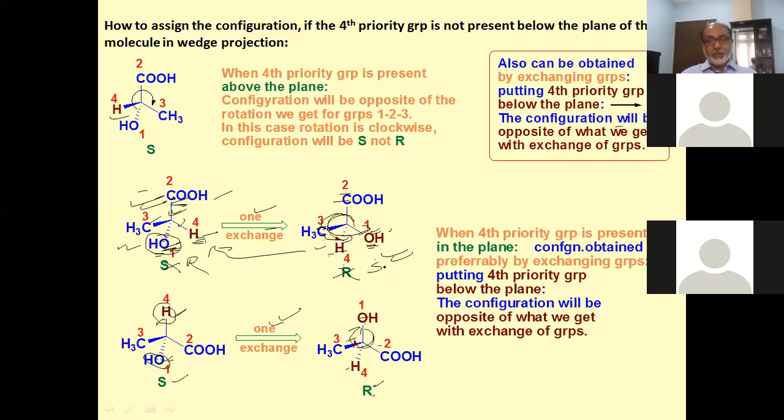So if this is S, this must be R, because we made one exchange from here. Am I right? Okay. Now let us come to the next point.